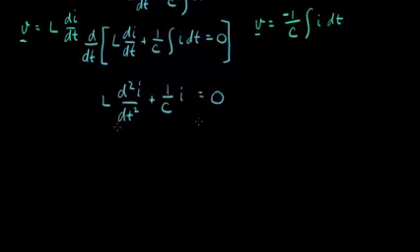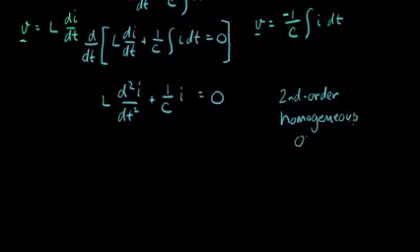So this is now the differential equation for the LC circuit. And it has a name, it's called a second order homogeneous ordinary differential equation.